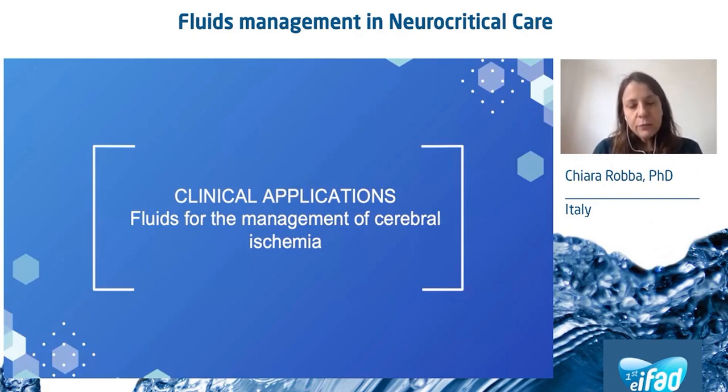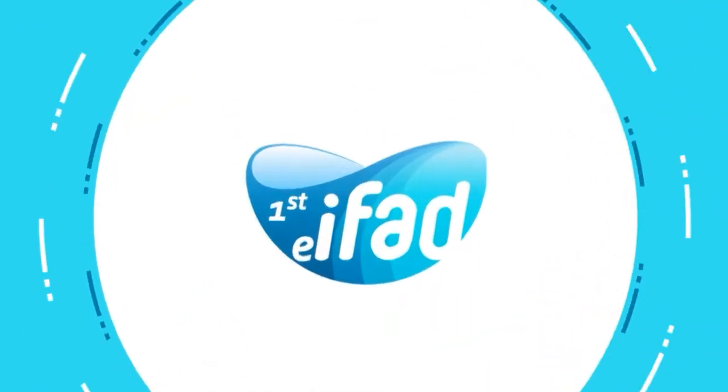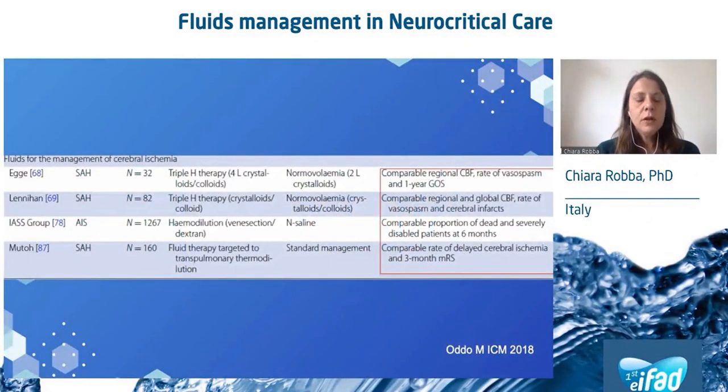And finally, the last clinical application that I would like to discuss is the fluid therapy for the management of subarachnoid hemorrhage and acute ischemic stroke, and these are the results of a systematic review, still from the European Society of Intensive Care. These are the trials which are available, comparing different strategies of fluid therapy. And as you can see here in the results, there are no differences in terms of neurological outcome.